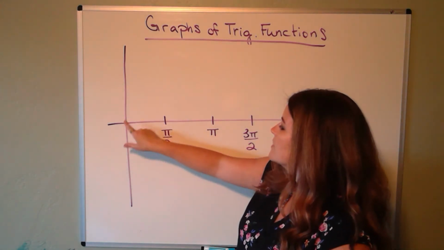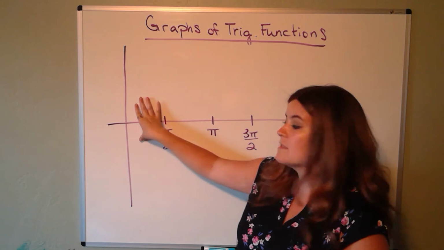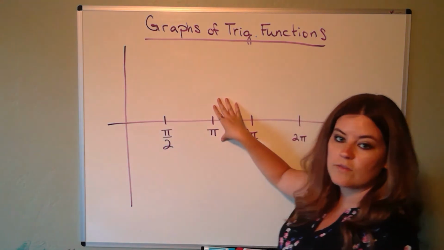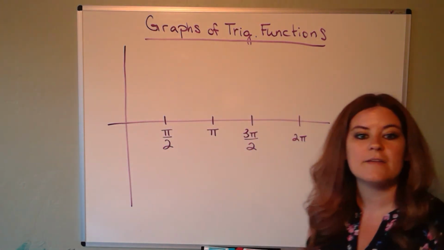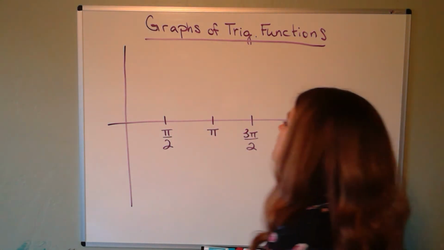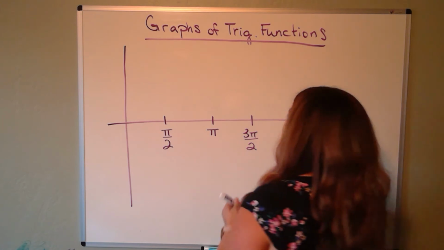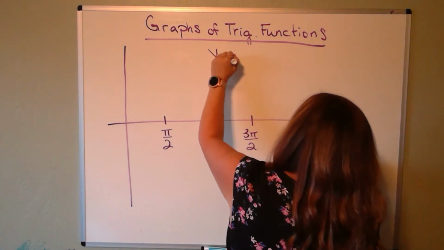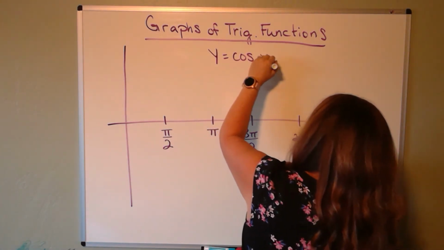You can think about what is 0 to pi over 2 or 0 to 90. This is the first quadrant, the second, the third, the fourth. When you're looking for values off of your unit circle, that's where you're going to find them. Remember, we are talking about cosine now. So this is going to be y equals cosine x.